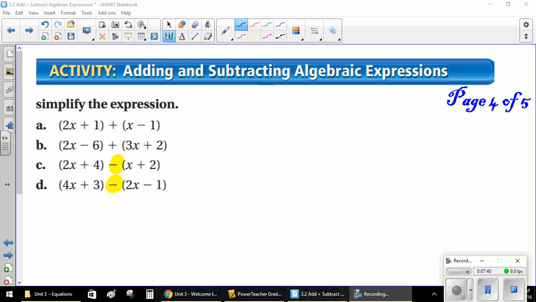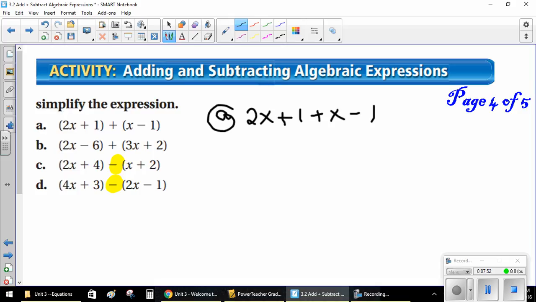Okay, so for example A, we're going to take 2x plus 1 plus x minus 1. Now what I'm going to do is rewrite my variables first, plus, and then I'm going to take my constants second.